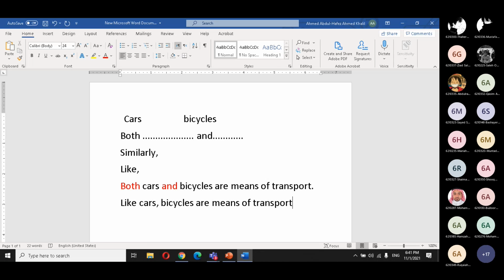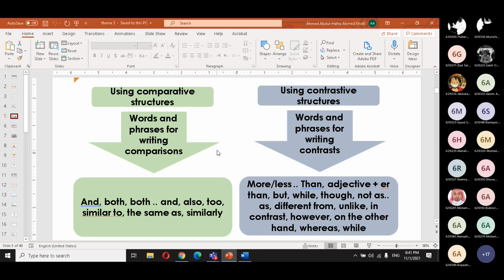So here you can use words like this: both and, similarly, like, to. There are some more words, but I need to concentrate. You can use and, both, both and, also, to, similar to, the same as, similarly. If you look at these words, all of them show that two things are similar.